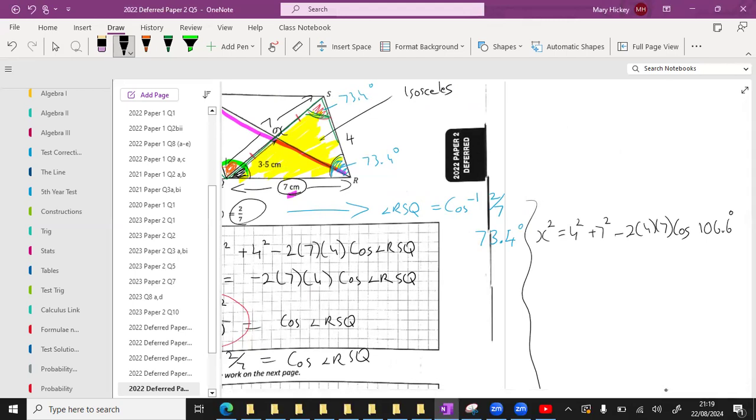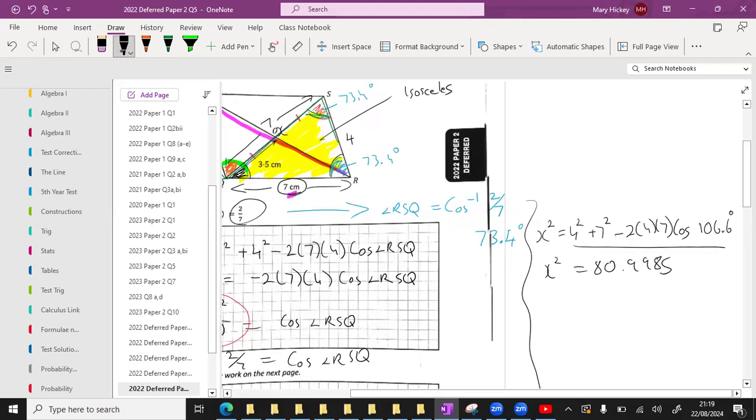So what I'm going to do is put all of this into my calculator. So I have 4 squared plus 7 squared minus 2(4)(7), and then the cos of 106.6.